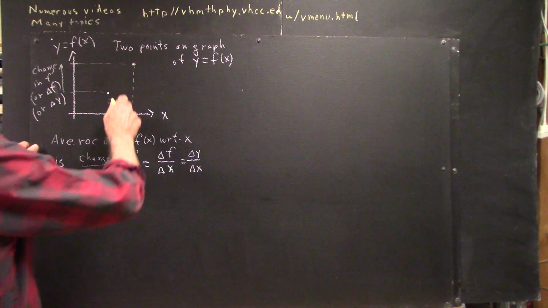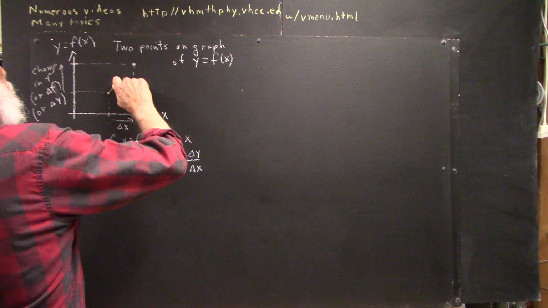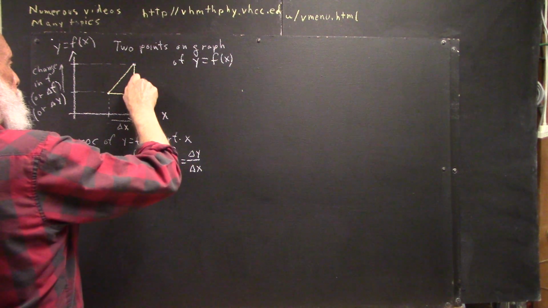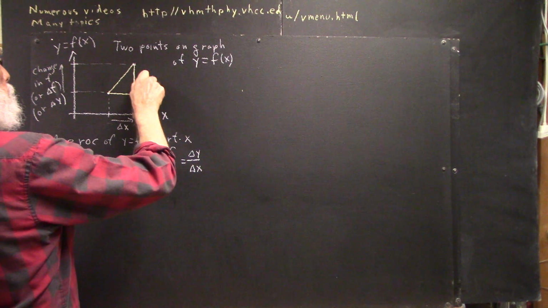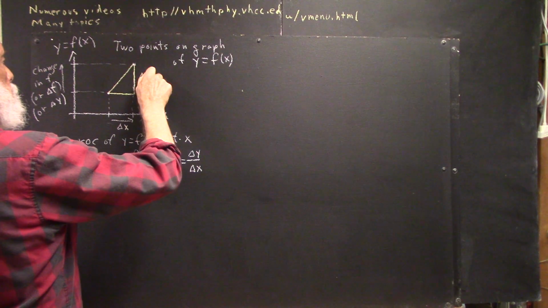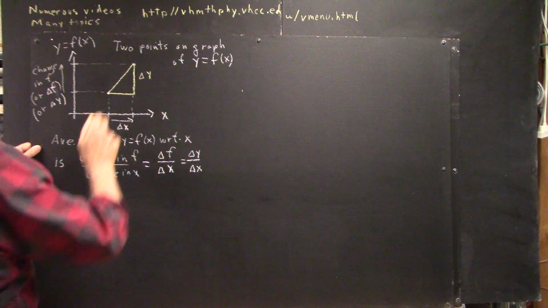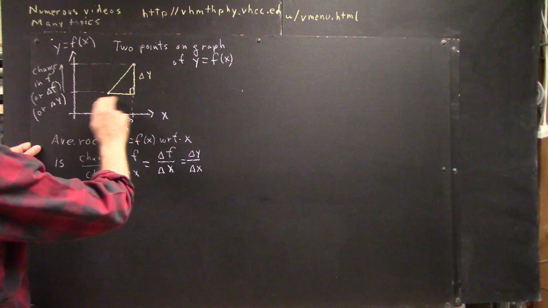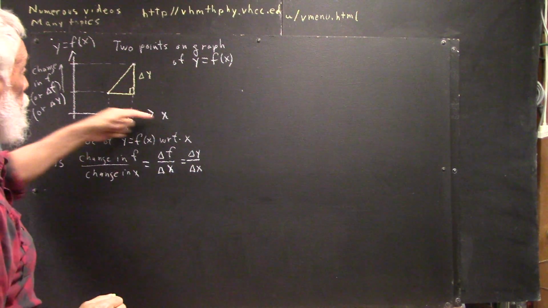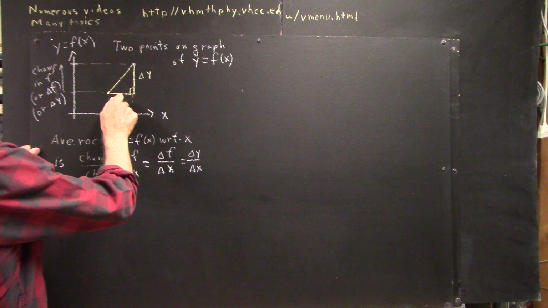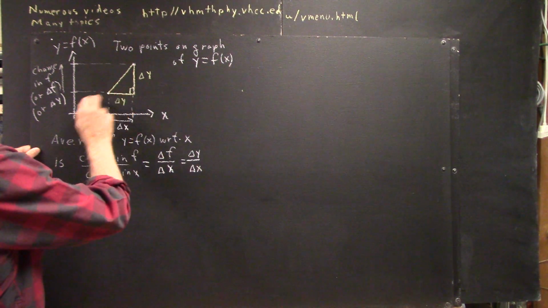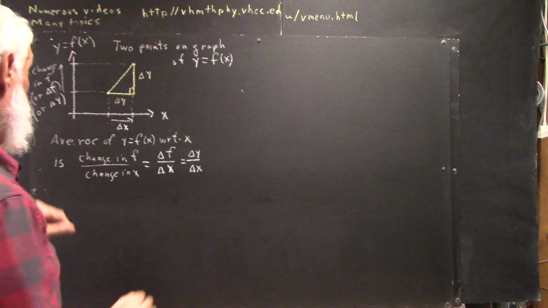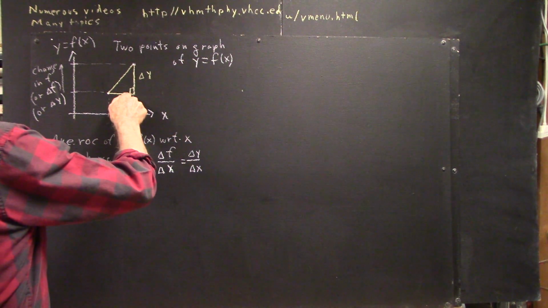Well, we can kind of cut through all that by sketching a triangle. This is going to be a right triangle, and the legs of this triangle are going to be parallel to the x and the y axes. I didn't draw that quite straight across, but you understand what's intended. And that's not delta y, that's delta x.